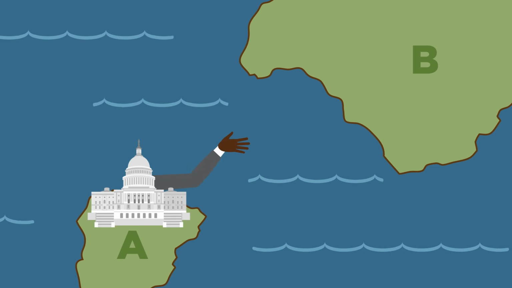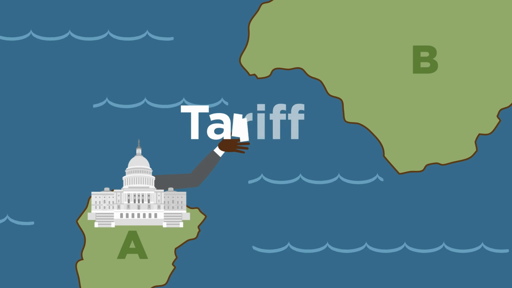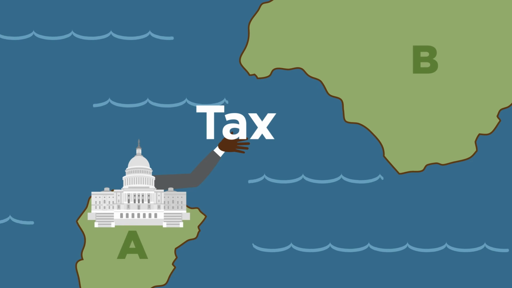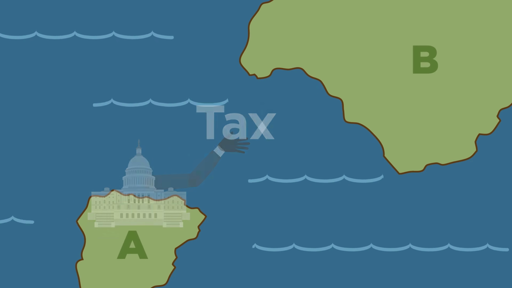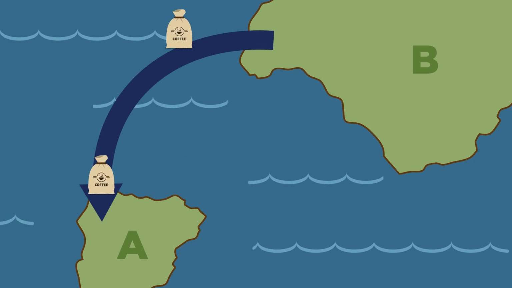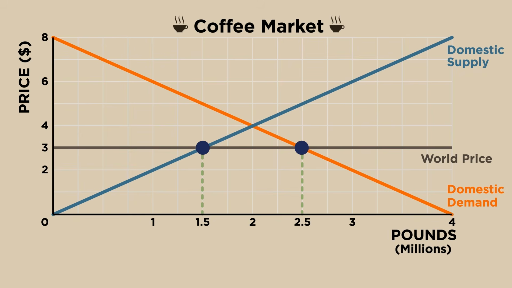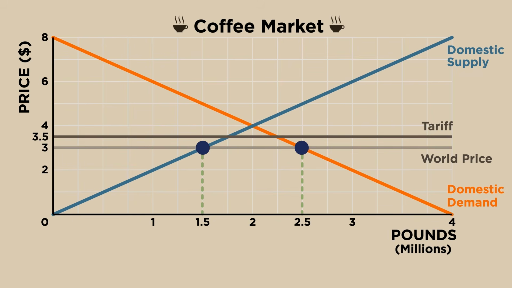One way they do so is by enacting a tariff, essentially a tax, paid only by foreign sellers on certain types of goods or services imported into the country. This raises foreign sellers' costs and ultimately increases the world price from here to here.